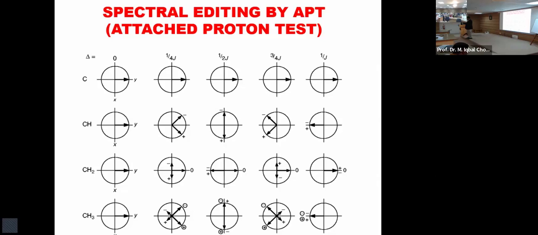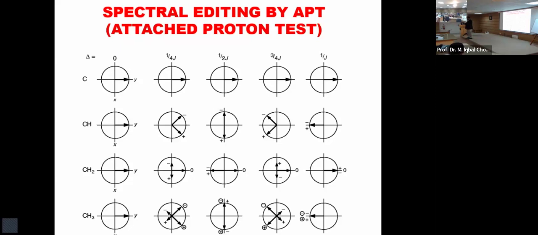And remember, the Larmor frequency on the XY plane depends on B effective. All Larmor frequencies depend on B effective, and any factor which affects B effective will affect Larmor frequency. The three attached protons are either adding to the magnetic field of C13 or opposing the magnetic field, right?